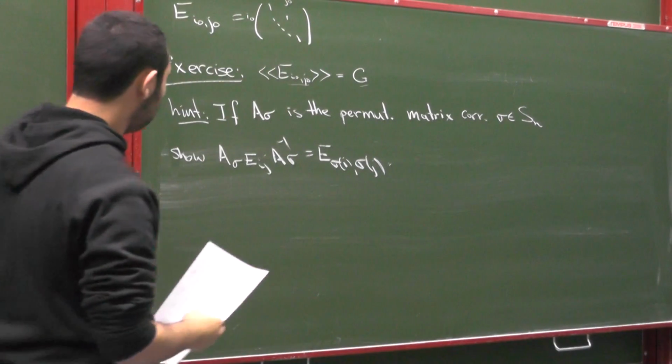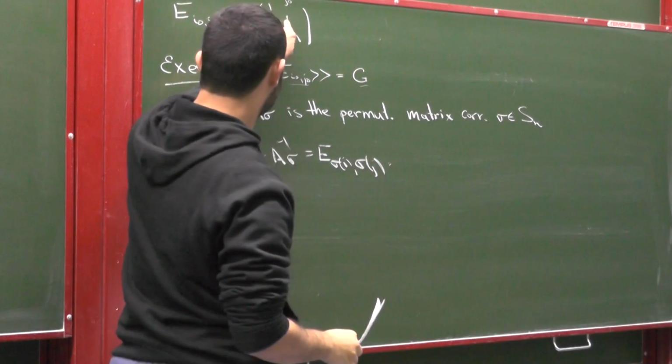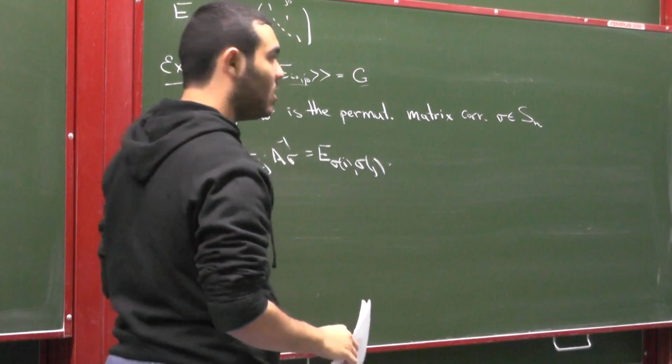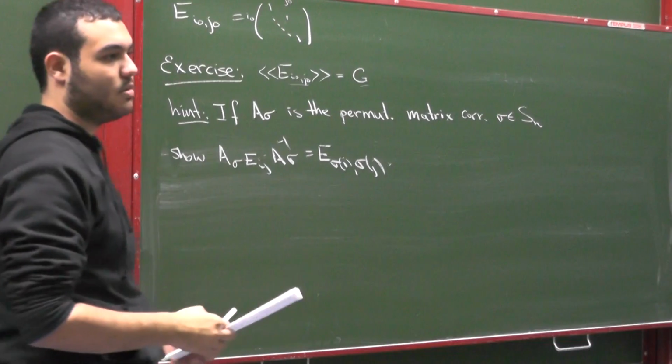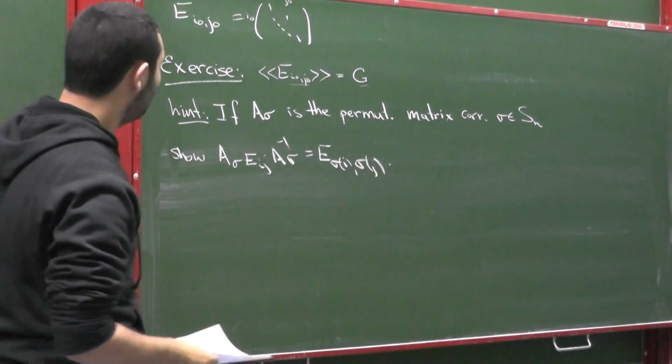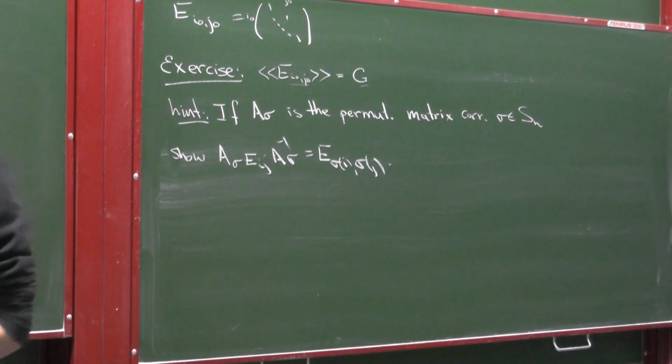So this means that if I have this, I can put this extra one everywhere I want. Now show that the set of these generate G by itself. Okay?